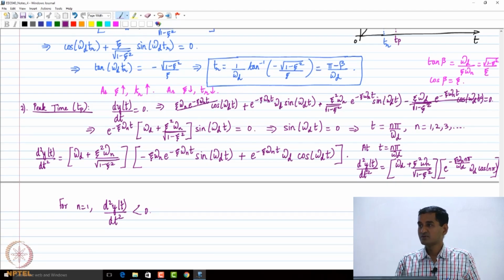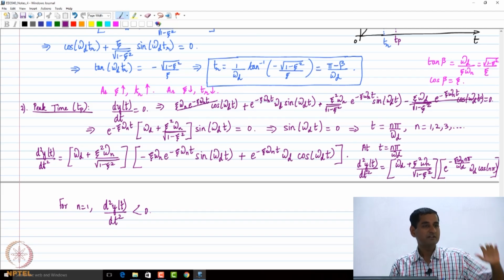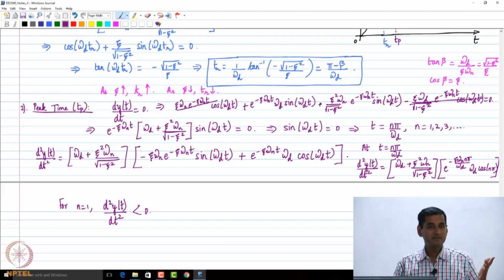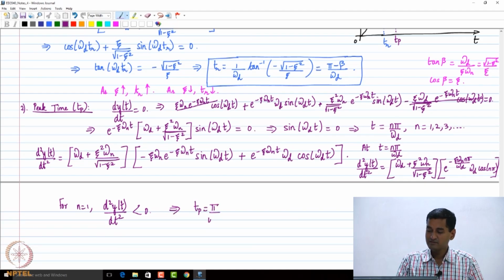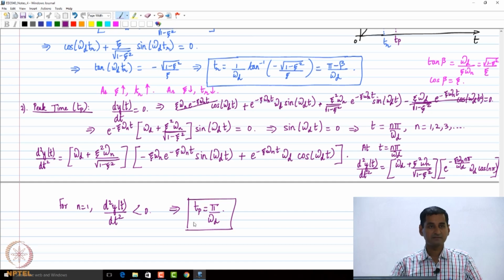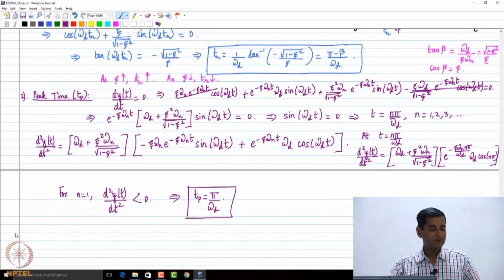So for n equals 1 the second derivative is negative, so that's a maxima, and from our argument that's the global maxima for this particular function. As a result, the peak time is equal to pi by omega d. Is it clear how we got pi by omega d as the peak time?